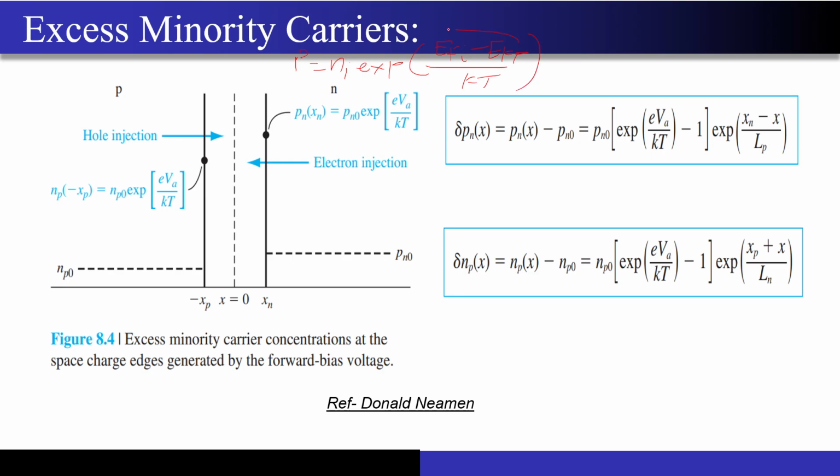Now if this difference of two energy levels got shrunk by the factor QVA, then you will have this exponential of QVA by KT factor, right? So from here this factor QVA by KT came, and this was a simple intuition.